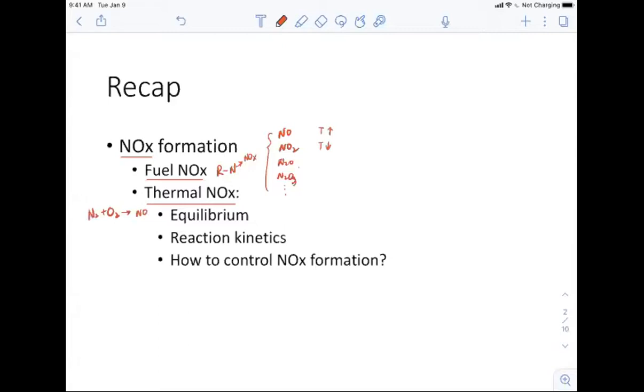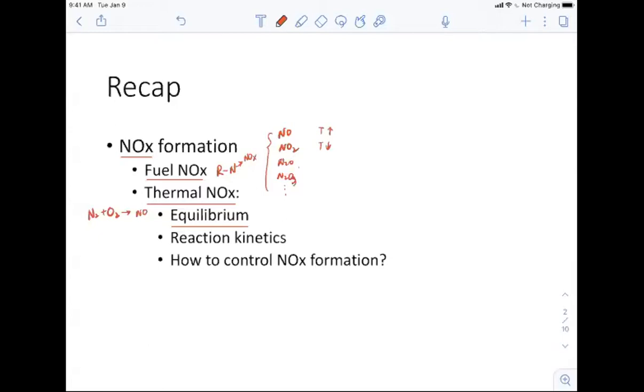To introduce that, we went over the concept of the equilibrium. The chemical equilibrium means that for any reaction fixed at a constant temperature, we can define an equilibrium constant, where the final state of all of these reactants and products can be described by that equilibrium constant.